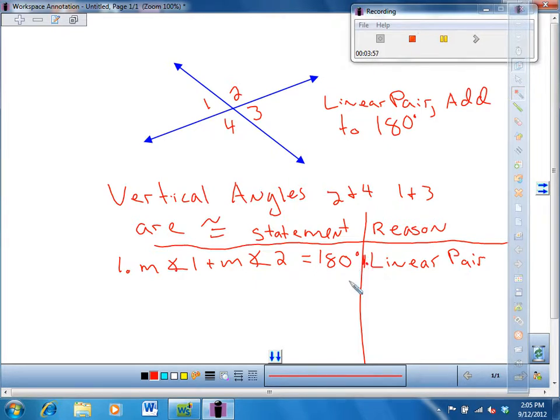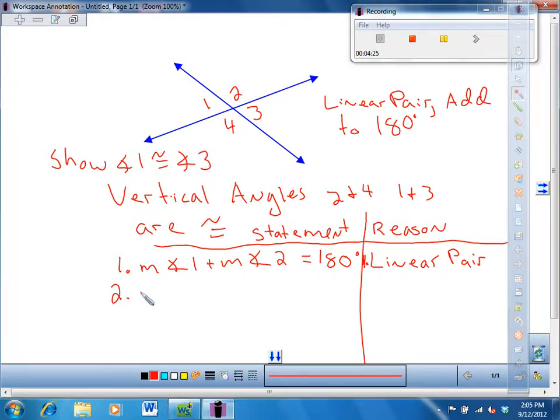That's not very good, right? And then 2, I also know. So what I'm trying to get to, I'm trying to show, for instance, that angle 1 is congruent to angle 3. So let's try to do that.